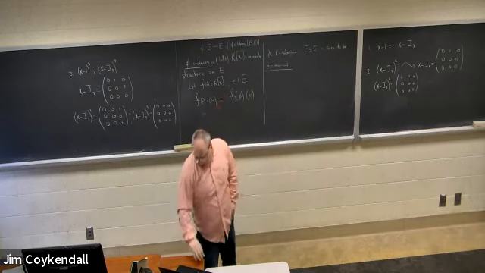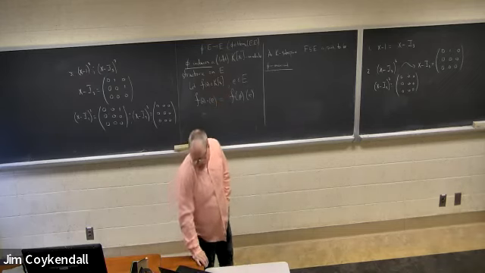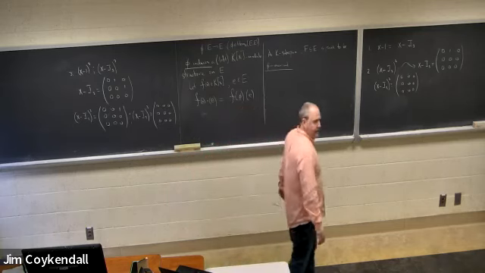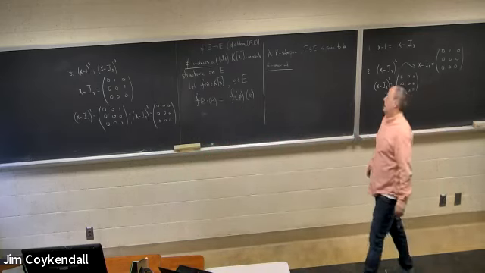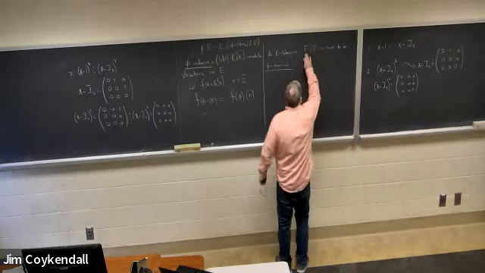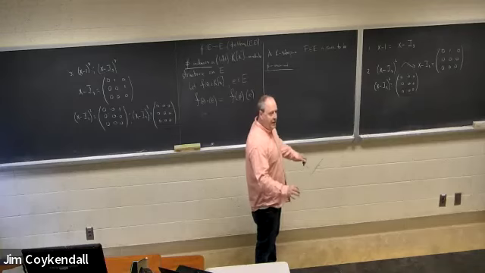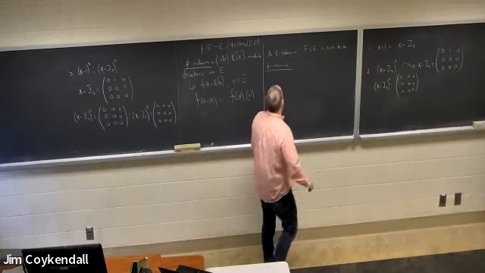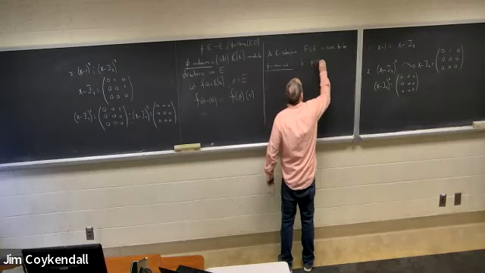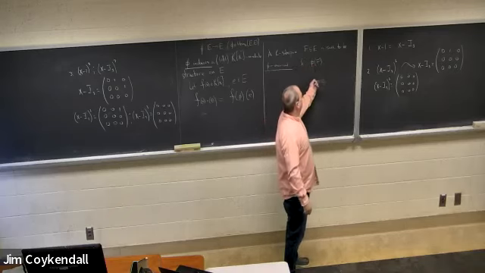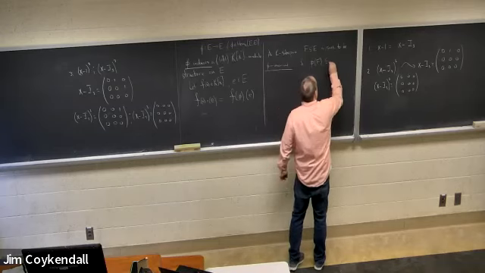By the way, any ideas as to what phi invariant might mean? So you've got this big space E, you got this little space F. We say that F is invariant. It doesn't mean that it fixes the elements of F, but what it does mean is that the image of this subspace under phi stays inside.